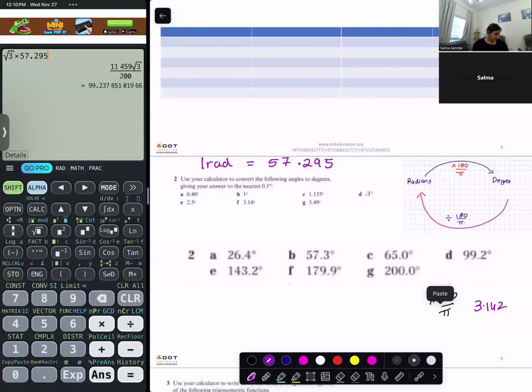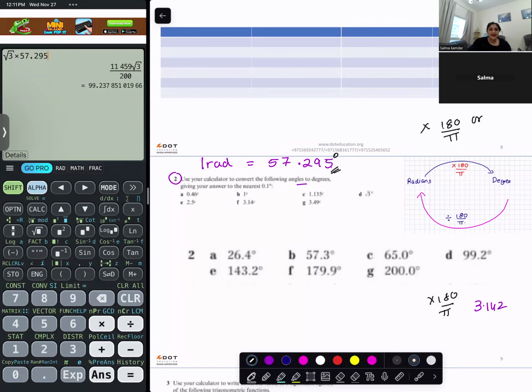So this is your exercise 7A, question number 2. You have to convert the angles to degrees. When they say you have to convert angles to degrees, that means you have to convert the rad to degree. You are going to simply multiply it by 180 by pi, or you could say 1 rad is equal to 57.295 degrees.